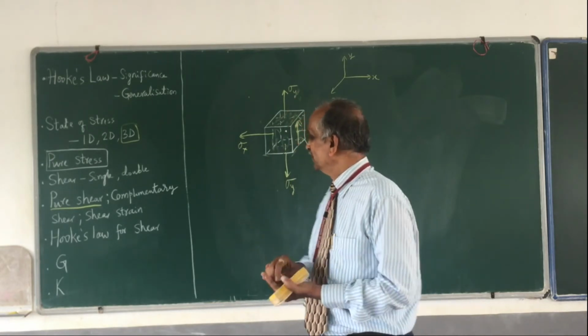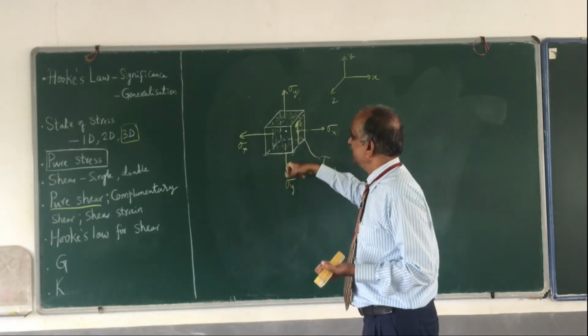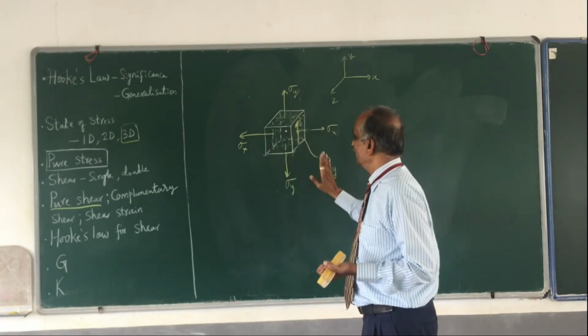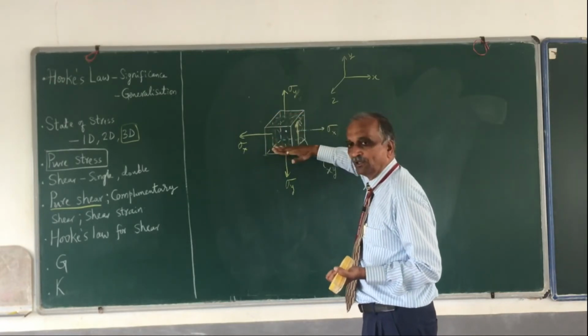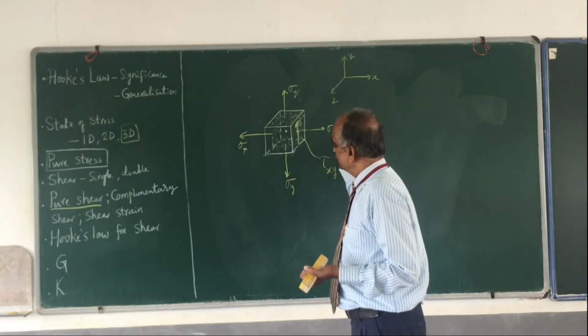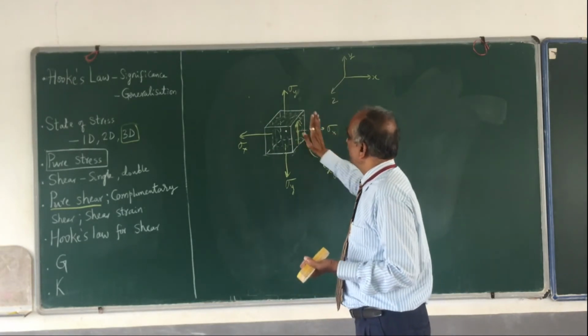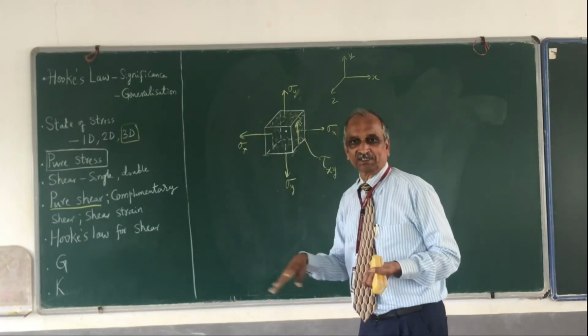Okay, and therefore, in two dimensions, you have sigma x, you have sigma y, and you have tau xy on this face, and also on this face. I shall show why not only these two faces. I shall prove that we can't have shear stress like that.